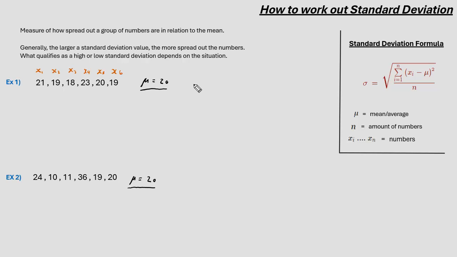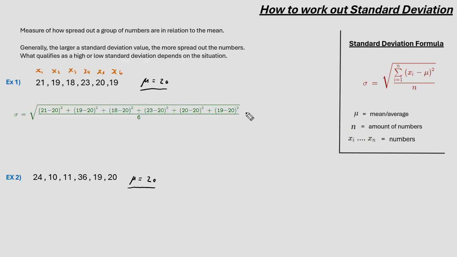And if we proceed with our first example, we get the following. So we can see we have our x1 value minus the mean squared plus x2 value minus the mean squared, again adding on and so on up to x6 minus the mean squared, and this is all over 6, the total number of numbers that we have.